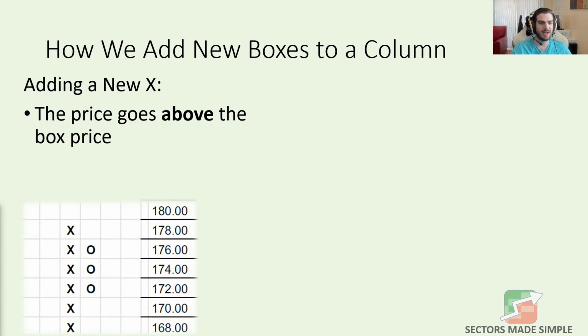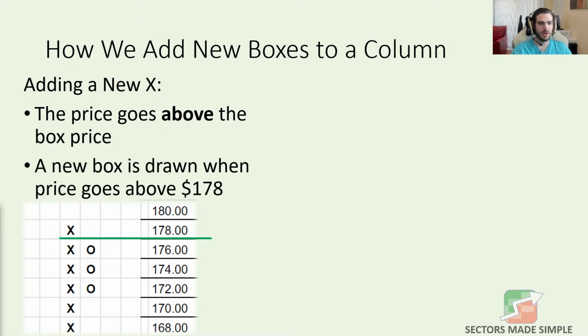If we were looking at this as a chart, what you see above the line is the box price for that box. In this case, this very top X would be the box for all prices between $178 and $179.99. This X would be drawn when the price would go above that $178 mark.